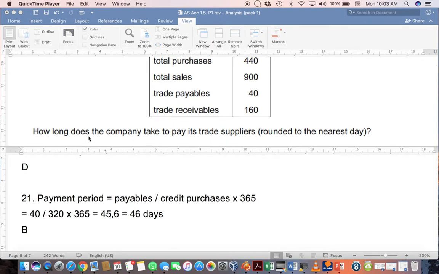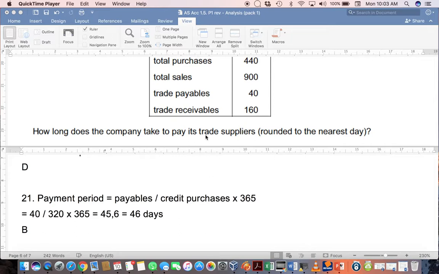The question asks, how long does the company take to pay its trade suppliers, rounded to the nearest day, because you don't really want to refer to the period as 357 days. That would just be ridiculous. So usually you would just round it to find out how many days it will take for you to pay your suppliers.